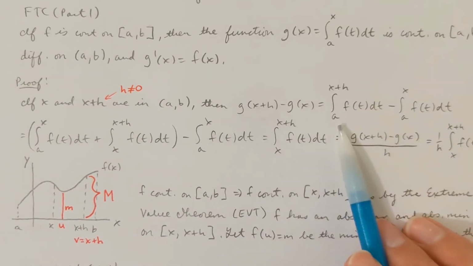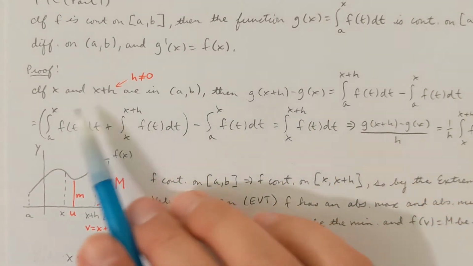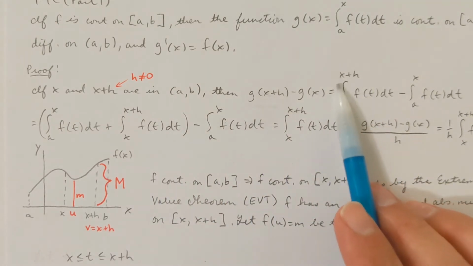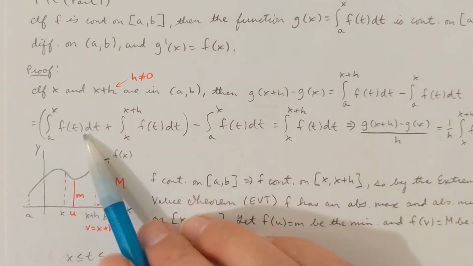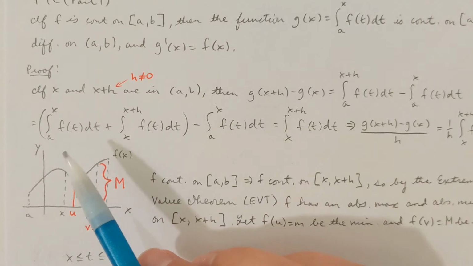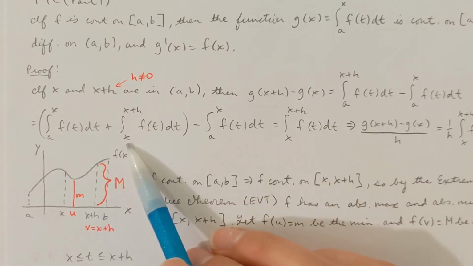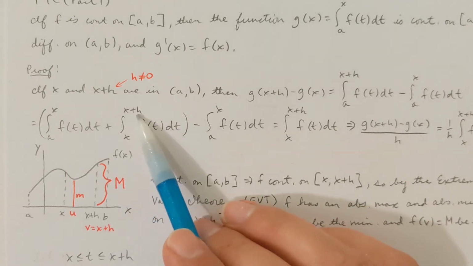Now, this first integral, I'm going to go ahead and split into two integrals at x. x is between a and x plus h. So let's find the area under the curve going from a to x, and then whatever that area is, we'll pick up where we left off at x, and we'll find the area under the curve from x to x plus h.